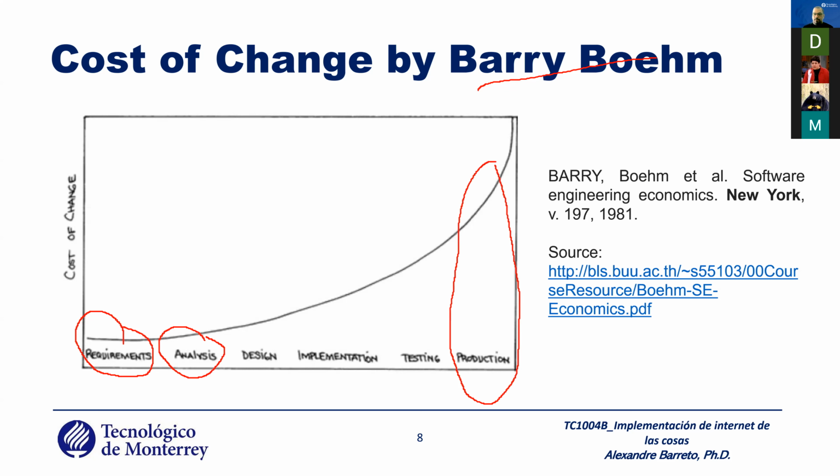Maybe you cannot completely change the architecture because it's so expensive, you have a lot of interdependence between the software, the environment and the business. So software researchers start to analyze how to detect change or how to implement change in the initial phase.